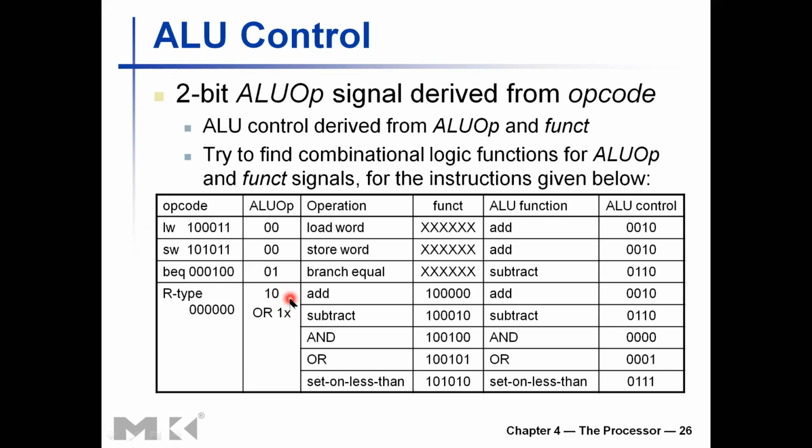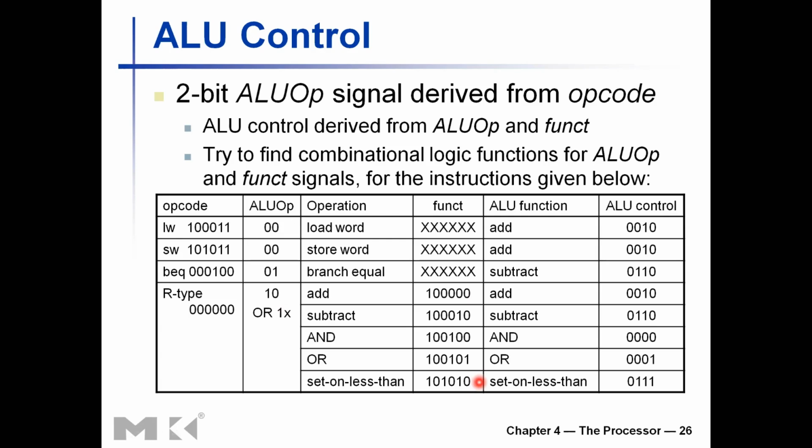So the control unit will first derive, based on the opcode, the 2-bit ALU op signal. Then in a second stage, it will derive the ALU control signal based on the ALU op which was first generated, and the funct field if appropriate. I hope you can now imagine how these can be generated with combinational logic.